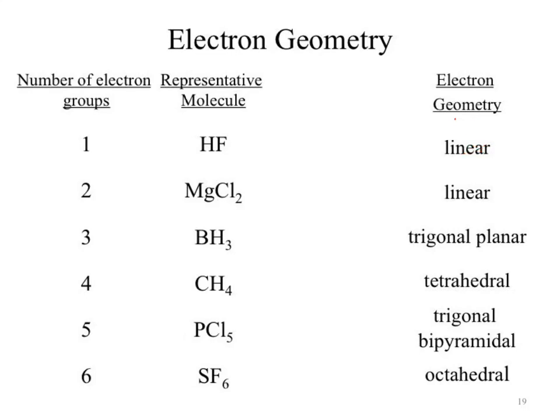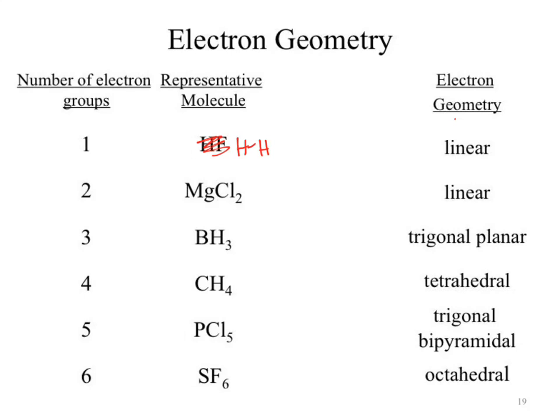Not HF, but HH. What's the electron geometry? How many electrons go into HH? 2. Where are those 2 electrons? In the bond between the hydrogens. So we have 1 group of electrons, linear.